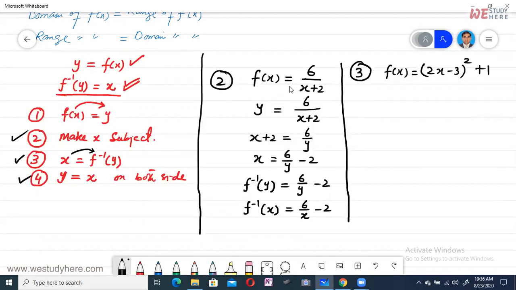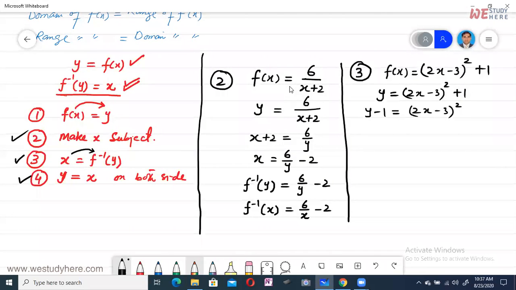Then in the first step, we will replace f of x with y. Then 2x minus 3 whole square plus 1 as it is. Then that plus 1, this side we can shift, it will be y minus 1 is equal to 2x minus 3 whole square.